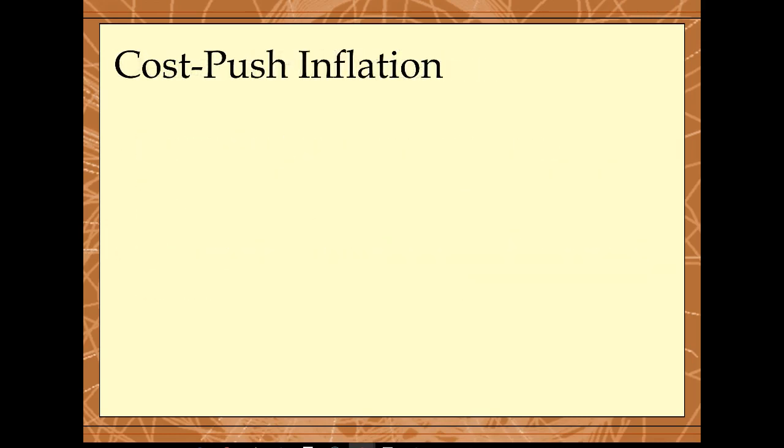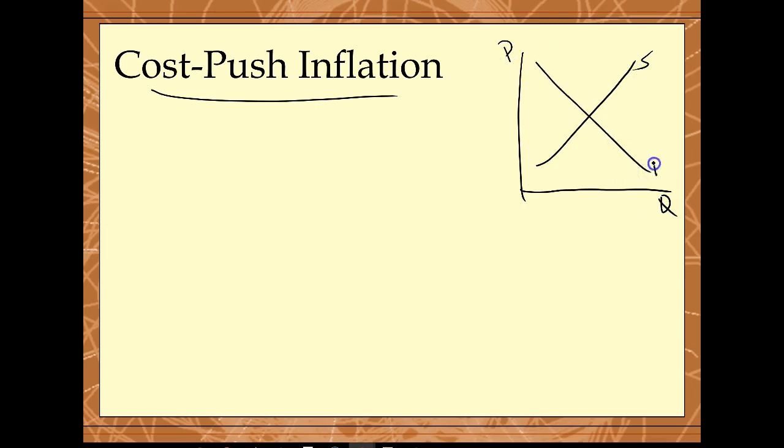Well, another reason is called cost push inflation. And in this particular case, price, quantity, we got the supply curve and the demand curve. Now in this case, if supply drops at all price levels and it moves this way, you could see that the old equilibrium here, quantity and price, if the supply curve moves this way, we got a new equilibrium level, and you notice how prices have also gone up.